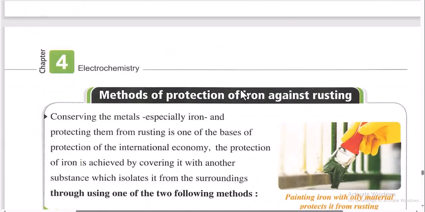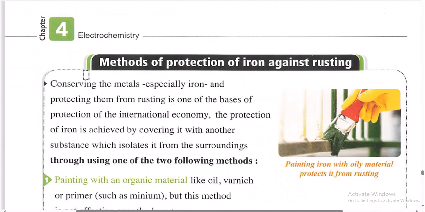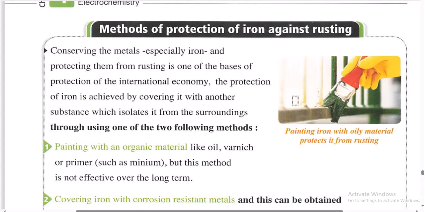So we will now study methods of protection. Methods of protection here are composed of 2 methods, or two ways to protect the metal. The first way is to protect the metal by painting it with an organic material like oil, varnish, or primer, such as minium.